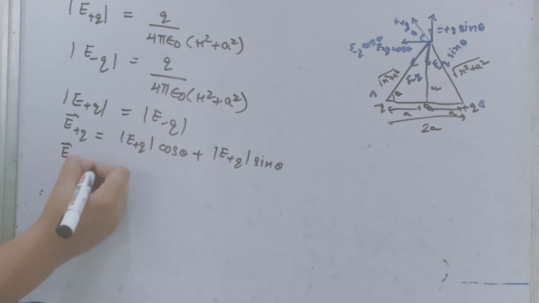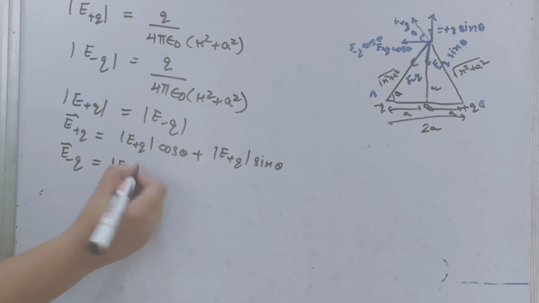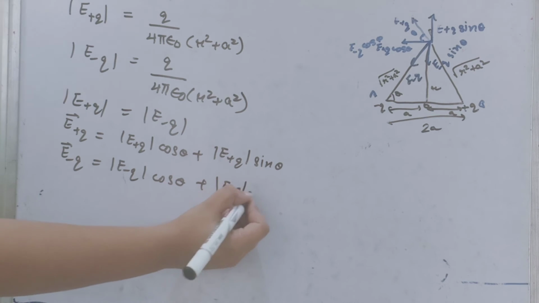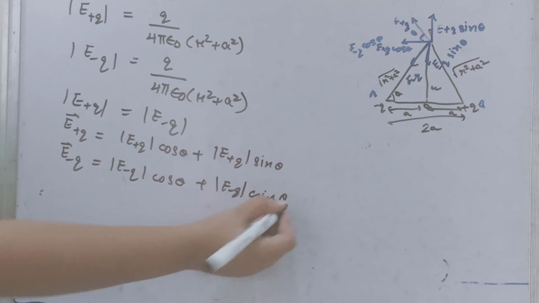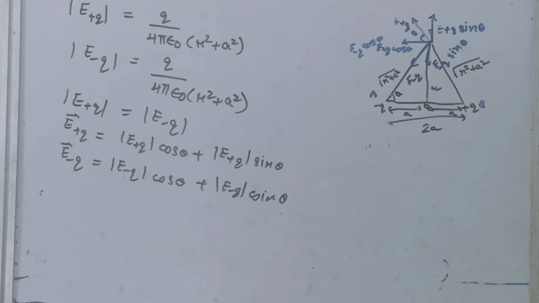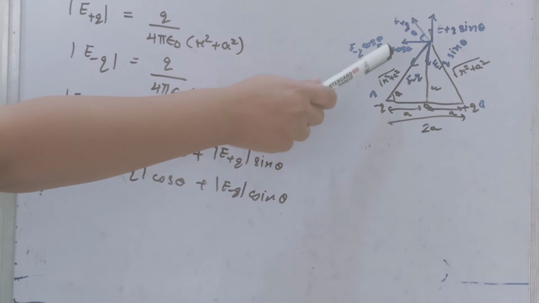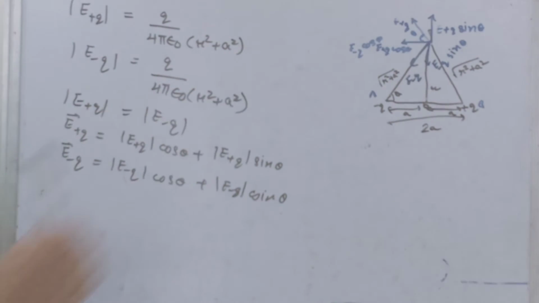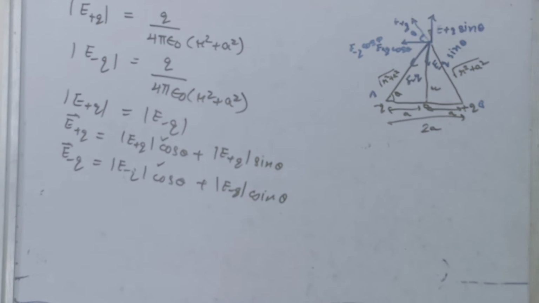Similarly, E minus q is made up of E minus q cos theta plus E minus q sin theta. Fine. Now see from the diagram. Cos theta component of both the electric fields is along the same direction. So they will simply add when we find the equatorial electric field.